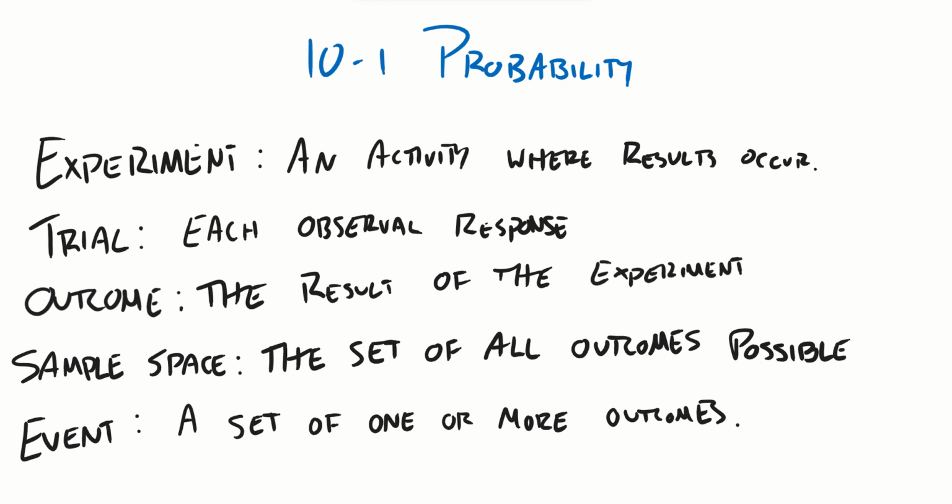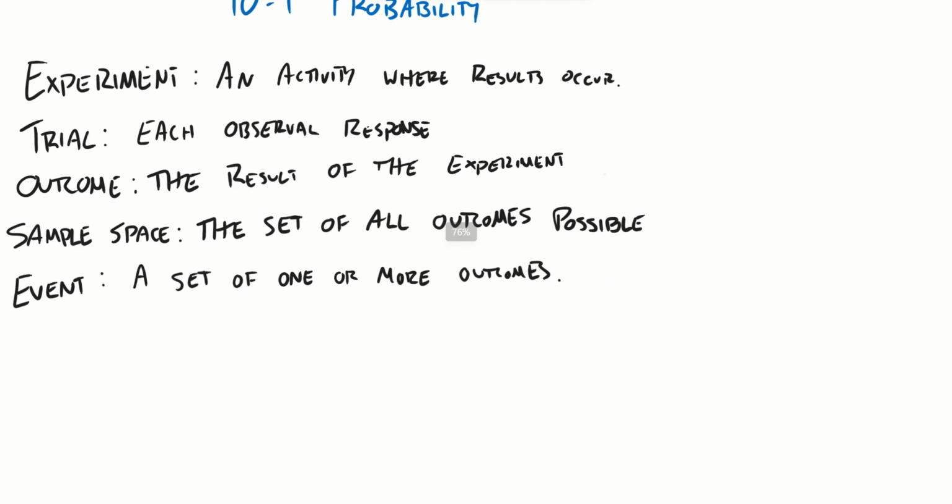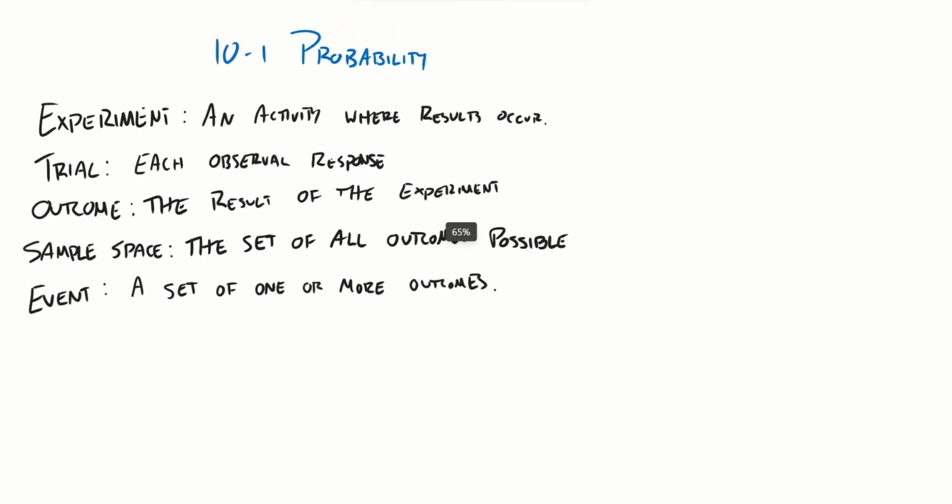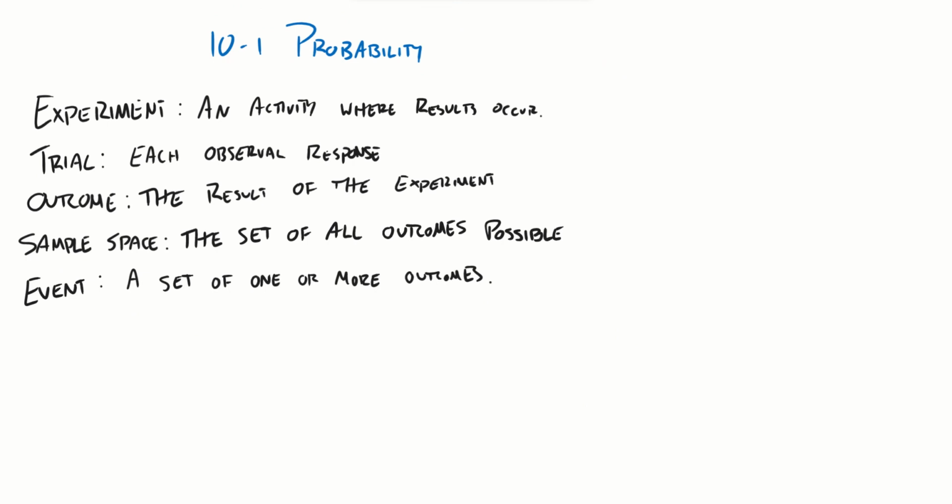All right, lots of vocabulary. Experiments, it's just something happening. Anytime we do a probability, that's an experiment. So let's make a table. Pause the video if you need to keep writing these down. But let's make a table to show what this all kind of means.